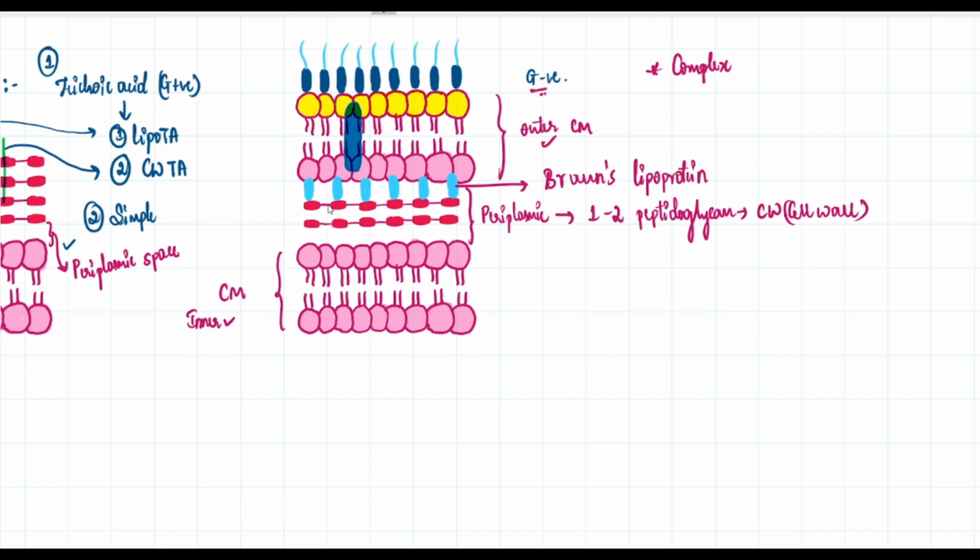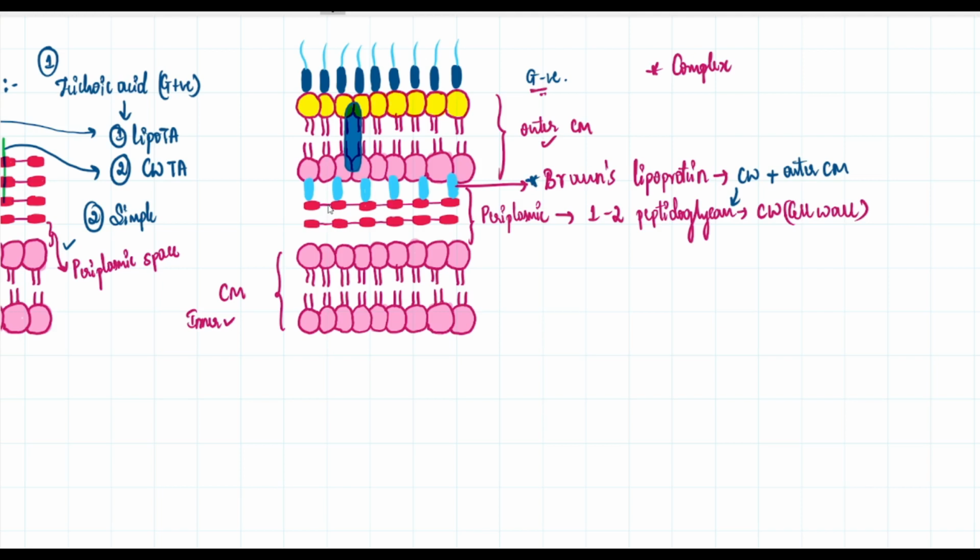What is the function of Braun's lipoprotein? The function of Braun's lipoprotein is the attachment of the cell wall or peptidoglycan layer to the outer cell membrane. So it is complex: absence of teichoic acid, and Braun's lipoprotein is present.